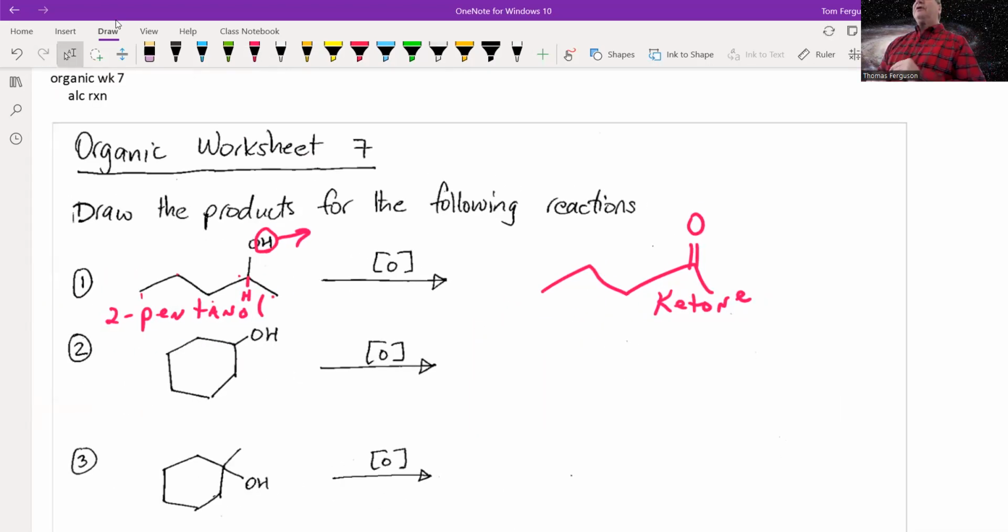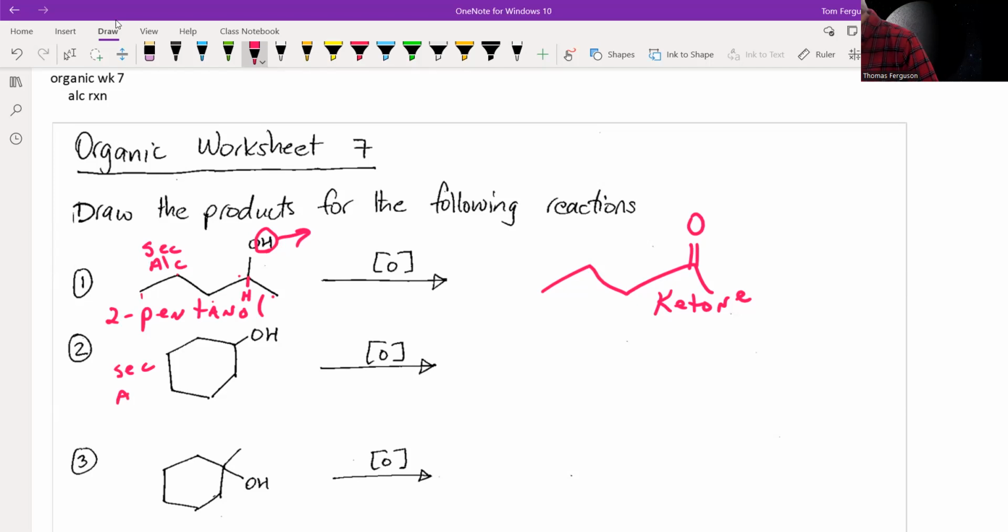Now, if you look at your flow chart, it's on the bottom right whenever we start oxidizing anything, particularly alcohol. So this is a secondary alcohol, as well as this.